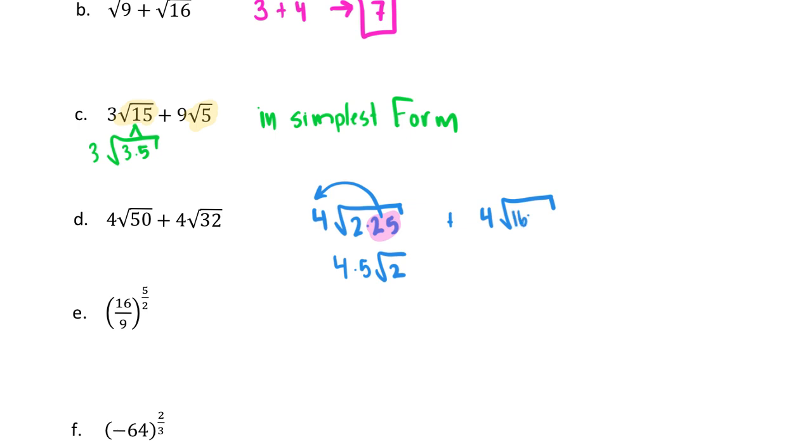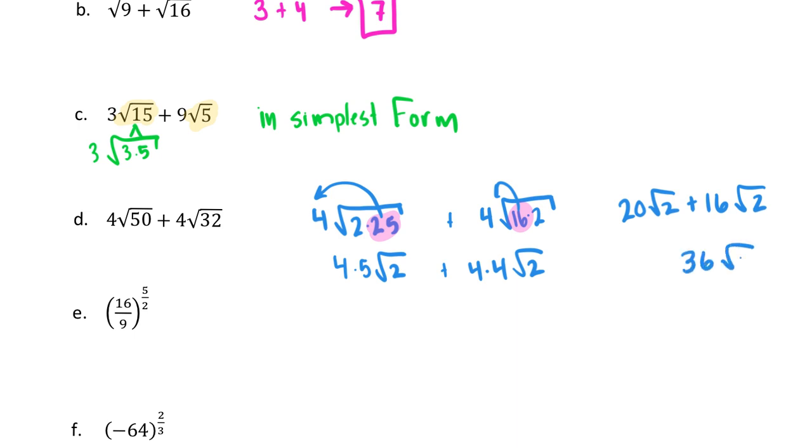I can write 32 as 16 times 2. 16 is also a perfect square. So let's bring that out. We can say that is 4 times 4 square roots of 2. So we have 20 square roots of 2 plus 16 square roots of 2 is 36 square roots of 2. And we're done.